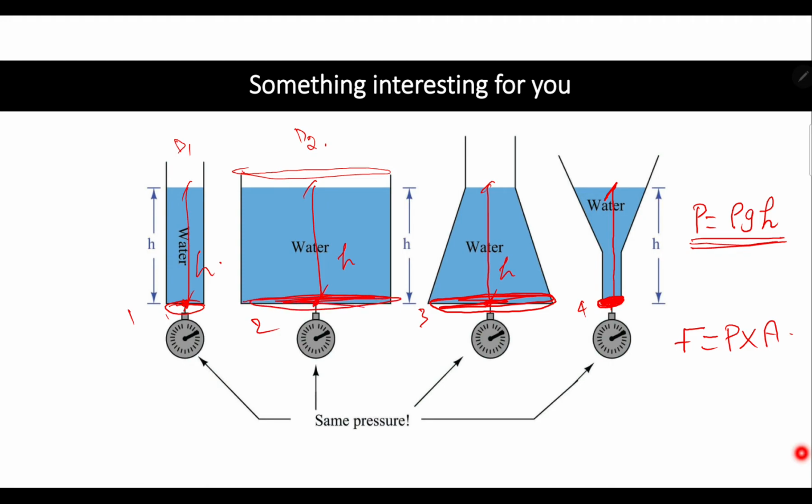The force would be different depending on this area: area 4, area 3, area 2, area 1. The force might be different, but the pressure is always the same. Is that okay, my dear people? I want to discuss with you something even more interesting in the next slide.